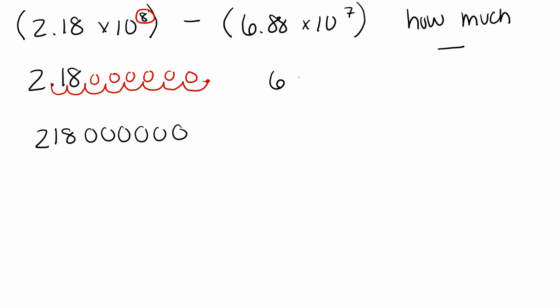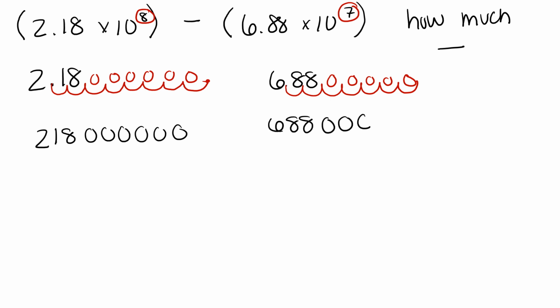We're going to do the same thing with 6.88, except we're going to move that decimal 7 times. 1, 2, 3, 4, 5, 6, 7. Again, filling in all those blank spots with zeros and writing our answer nice and neat. 688 with 1, 2, 3, 4, 5 zeros.